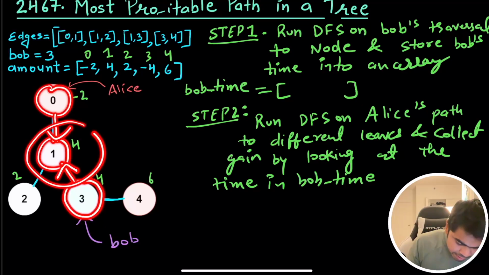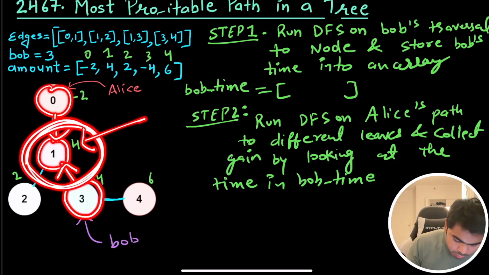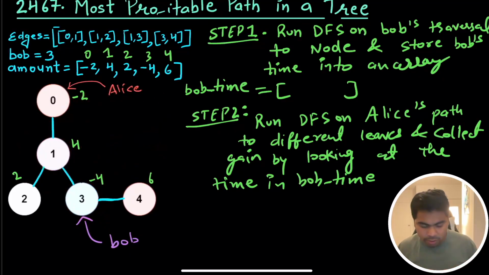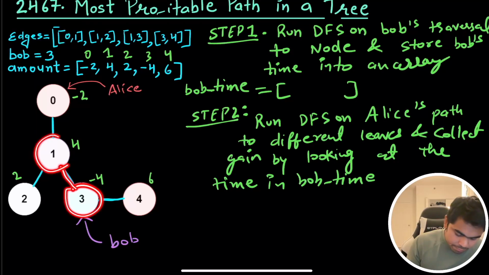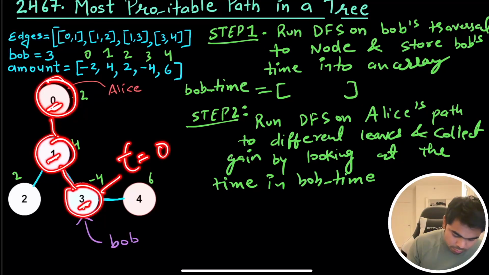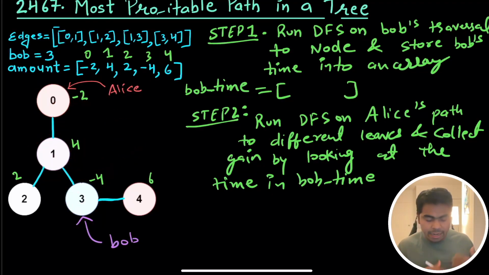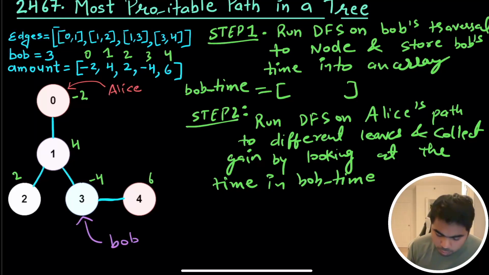When they are both here at second 1, then this particular reward, 4 divided by 2, which is 2, goes to Bob and 2 goes to Alice. We will get that because we have already stored Bob's times for these nodes. When Bob reached 0, 2 or 3, the times are 0, 1, 2, and at time equal to 1 is where Alice also meets Bob.